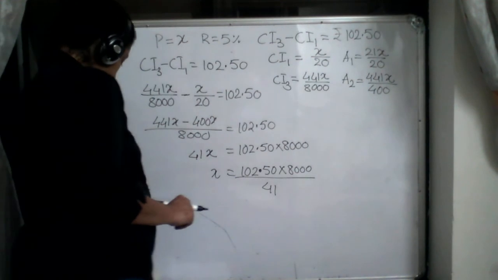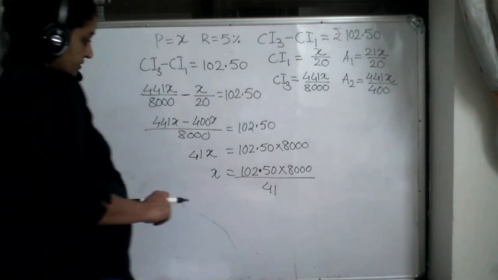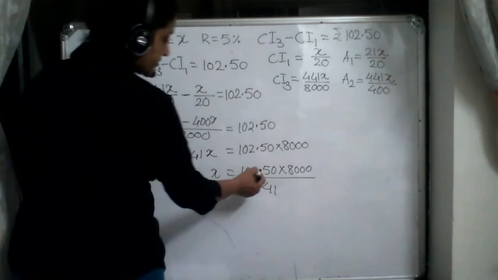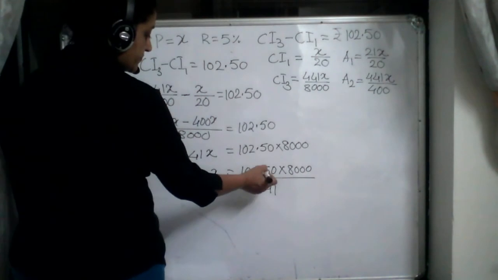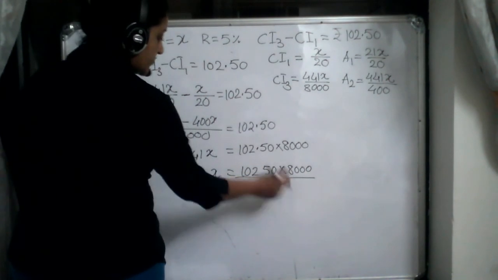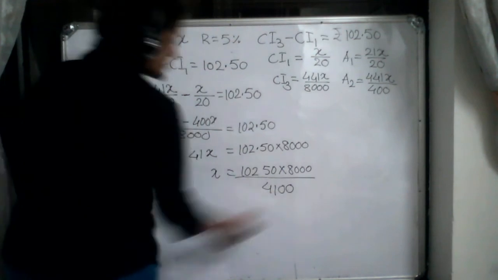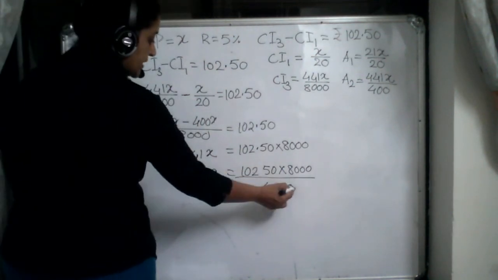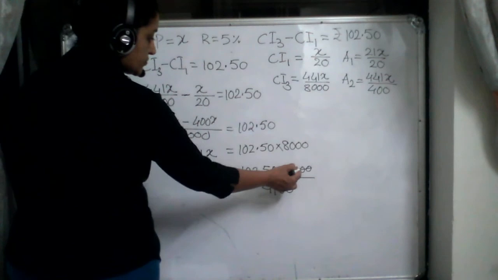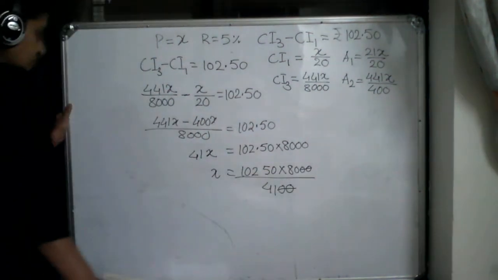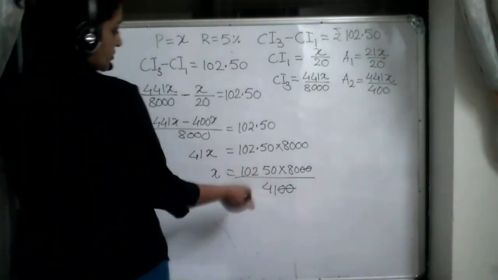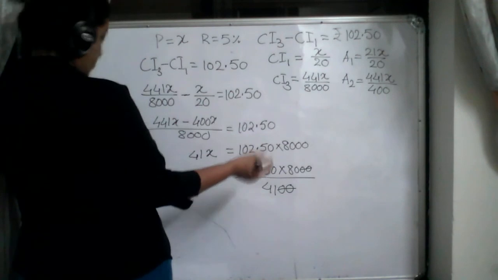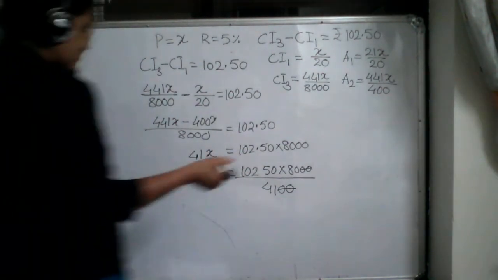Here we go. 102.50 will be like this, or else you can take these two decimal places, change the number, and write 2 zeros for these two numbers after the decimal point. Now you can cut down these two. Okay, then what will remain here? 41 into x is 10520.